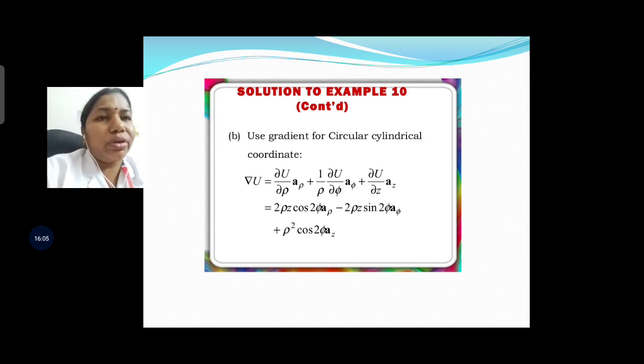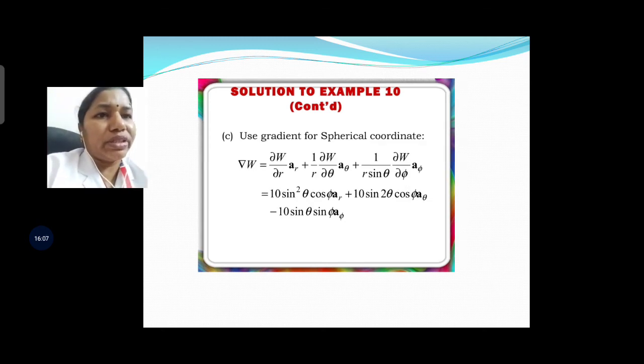Now we are going to solve the problem for the spherical coordinate system. Del W is equal to dou W by dou r ar plus 1 by r dou W by dou theta a theta plus 1 by r sin theta dou W by dou phi a phi. So we can differentiate once with respect to r.